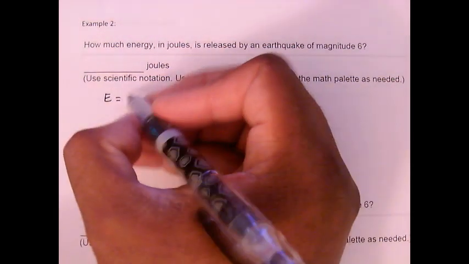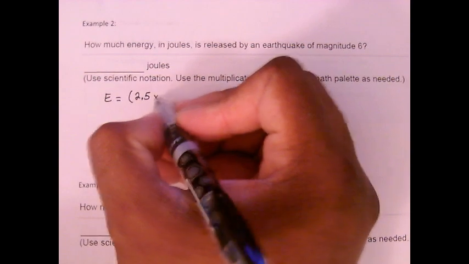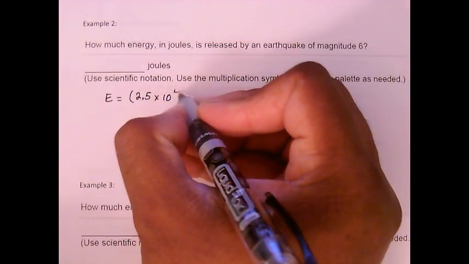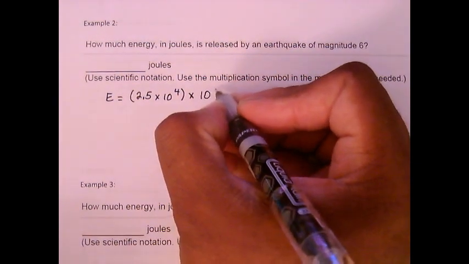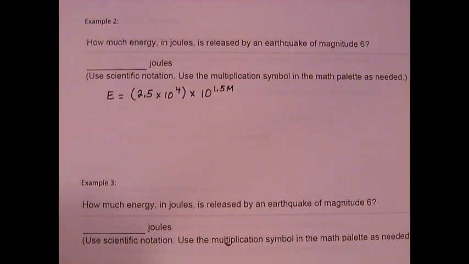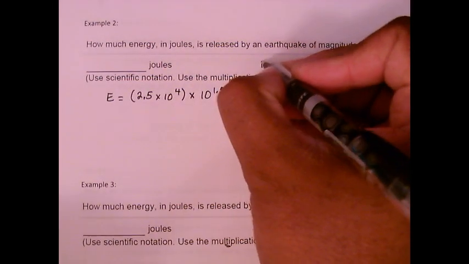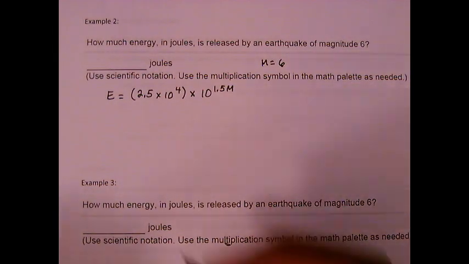Now here we're going to use that formula. E is equal to 2.5 times 10 raised to the fourth, multiplied by 10 to the 1.5 M. M represents the magnitude of that earthquake, and here the magnitude is 6. So we just substitute M in that formula.